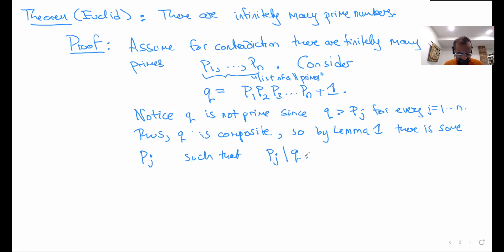It's a bit of a tricky proof because you're assuming that there are only finitely many primes in order to make this happen. One of the consequences is that lemma 1 implies that if there are only finitely many primes, then one of them has to divide q. Now this is a little fishy. So pj divides q. Now what else does pj divide?